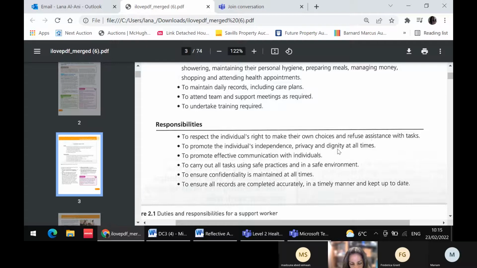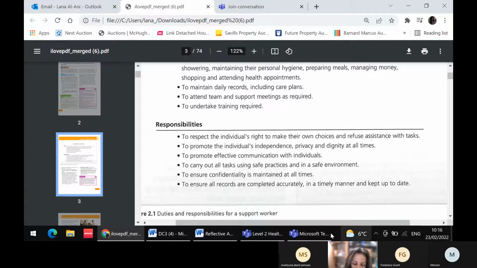And also to promote the individual's independence, privacy and dignity at all times, to promote effective communication with the individual, to carry out tasks using safe practice in a safe environment, to ensure confidentiality at all times, and also to ensure that all our records are completed accurately, in a timely manner, and kept up to date.